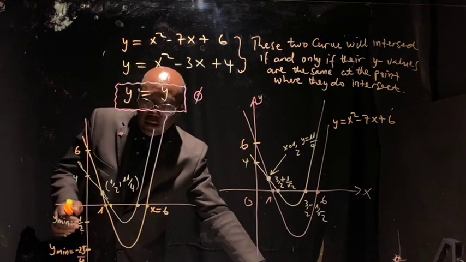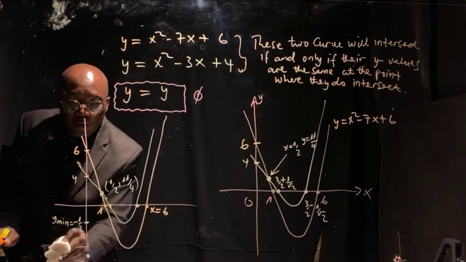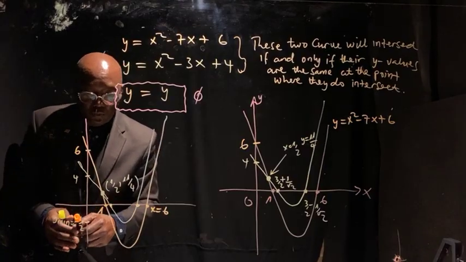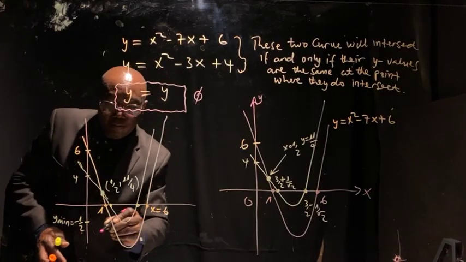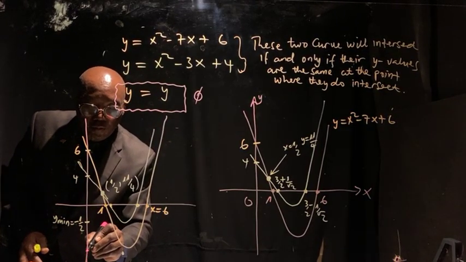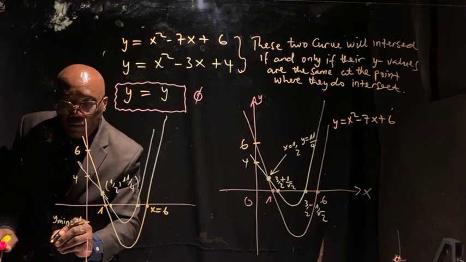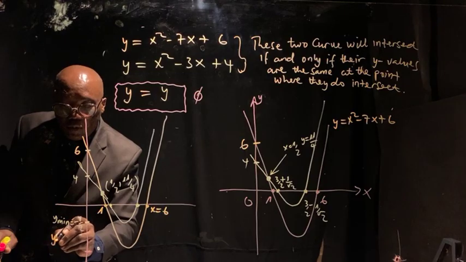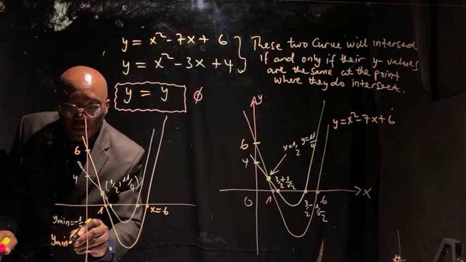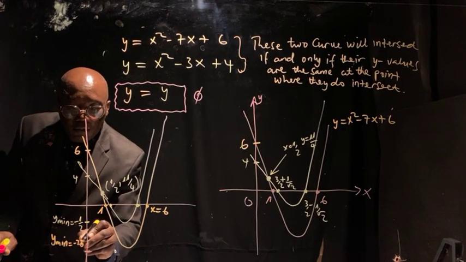You couldn't see it. Y minimum is minus 25 over 4.